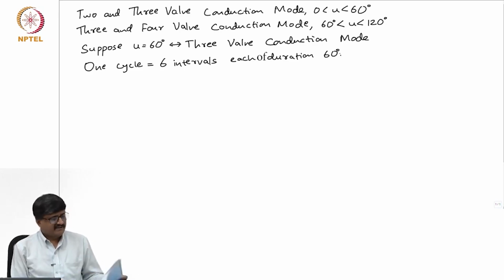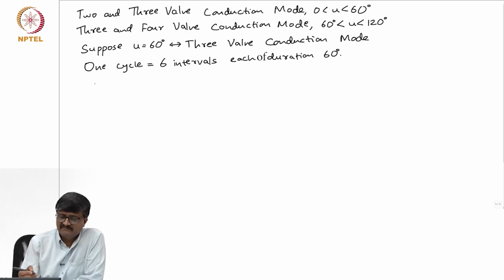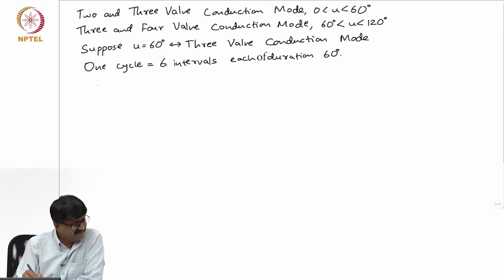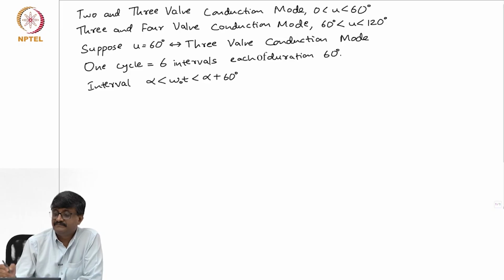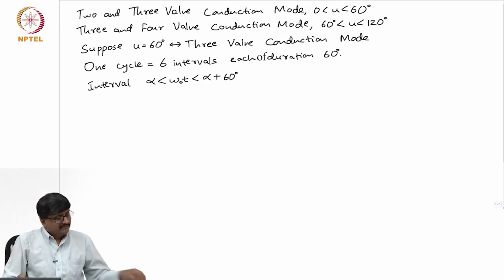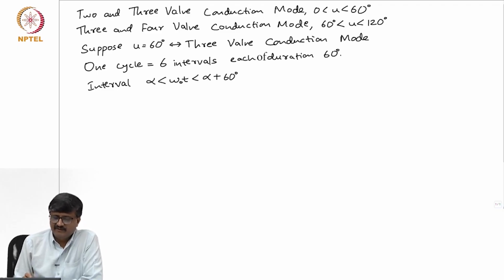We'll always use the interval which starts at alpha. So let us consider the interval alpha less than omega ot less than alpha plus 60 degrees. In order to do the analysis for this interval, I need to consider the equivalent circuit.